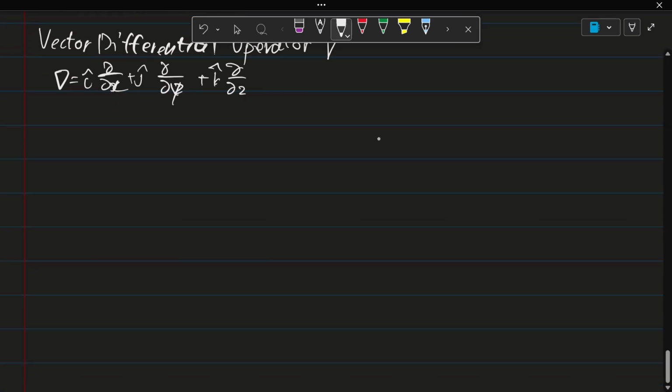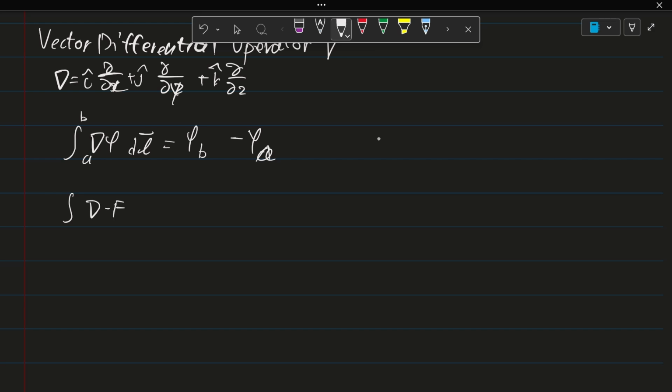So there are some properties of the vector differential operator. First of all, if you take the line integral of the gradient, you instead only get the endpoints, something like that. So this is a very useful property to know because this is pretty much the definition of a potential. Second of all, if you take the surface integral of the divergence, the other two properties relate to the Gauss theorem and the previous one, which we call the Stokes theorem.